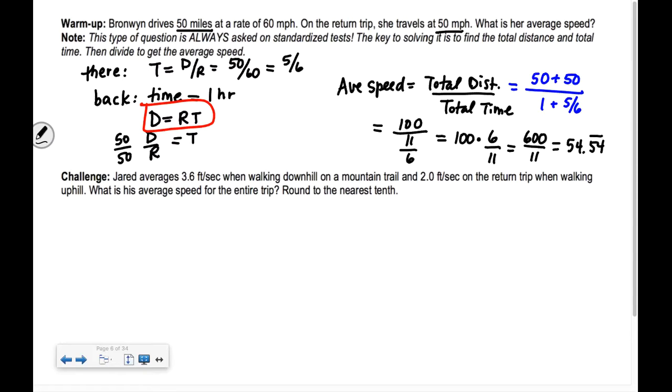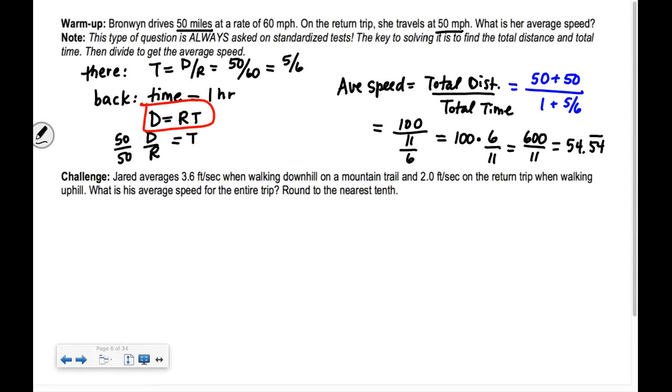How long did that take her? An hour. Was she spending more time driving slower or more time driving faster? Yeah, she spent an hour going at the slower speed, and she only spent 50 minutes driving at the faster speed. So it's not going to be directly half of that. She's going to spend more time going slower. So it's going to be slightly less than what you would think that average of 55 was, okay?